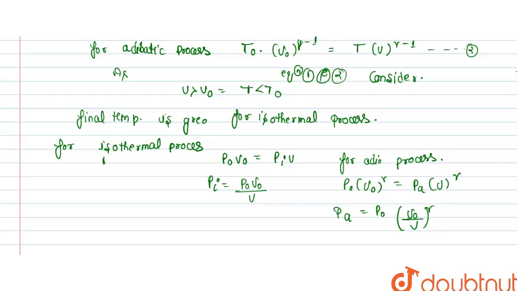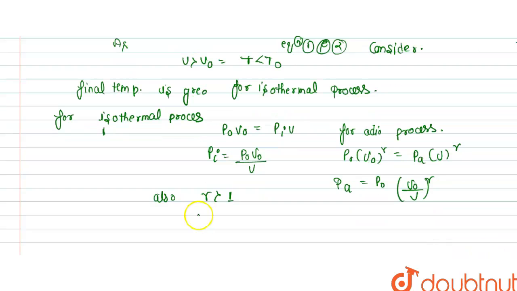Since gamma is greater than 1, P adiabatic is less than P isothermal. So the pressure at the isothermal is greater than the P adiabatic.